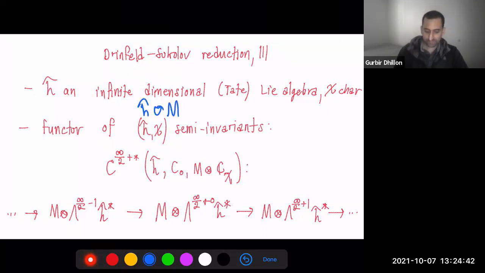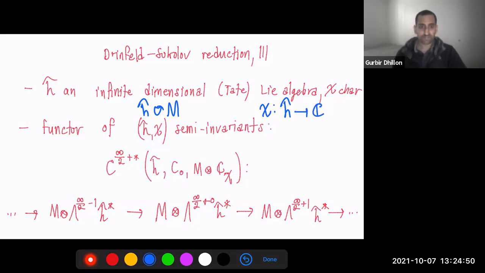So again, now you have your Lie algebra acting on some module, and you take some homomorphism from your Lie algebra to just the trivial one-dimensional Lie algebra. So again, the way you gauge the action is, invariants have some problems, co-invariants have some problems.